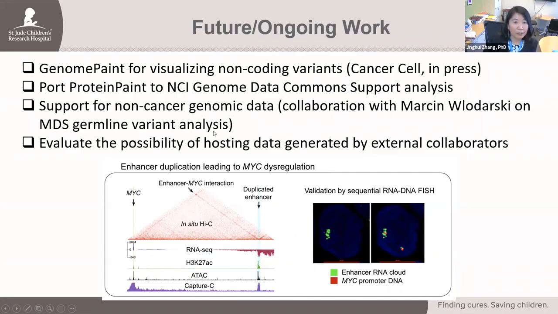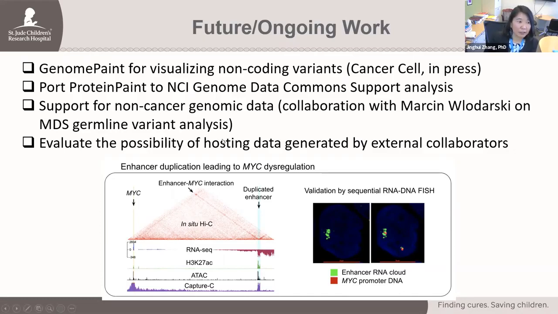We are also working with NCI right now to port ProteinPaint to the NCI Genomic Data Commons. They found our tools can not only be used for pediatric cancer, but could also help advance the visualization of adult cancer.